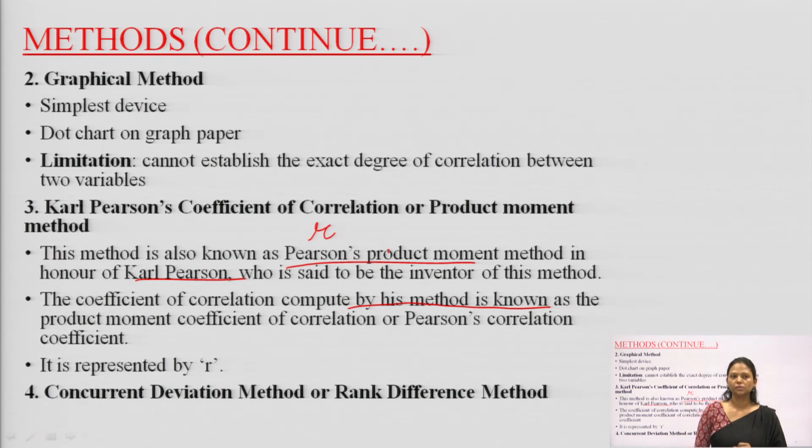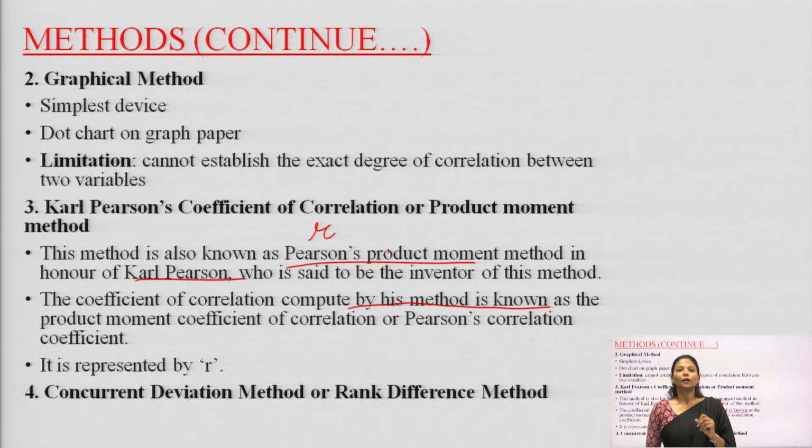The next, fourth method which we study in order to find out the relationship between the two variables is called the concurrent deviation method, or rank difference method, or rank coefficient correlation as well. In this rank correlation method, we find out the priority, or how we rank different variables, different characteristics of any product depending upon my choice.